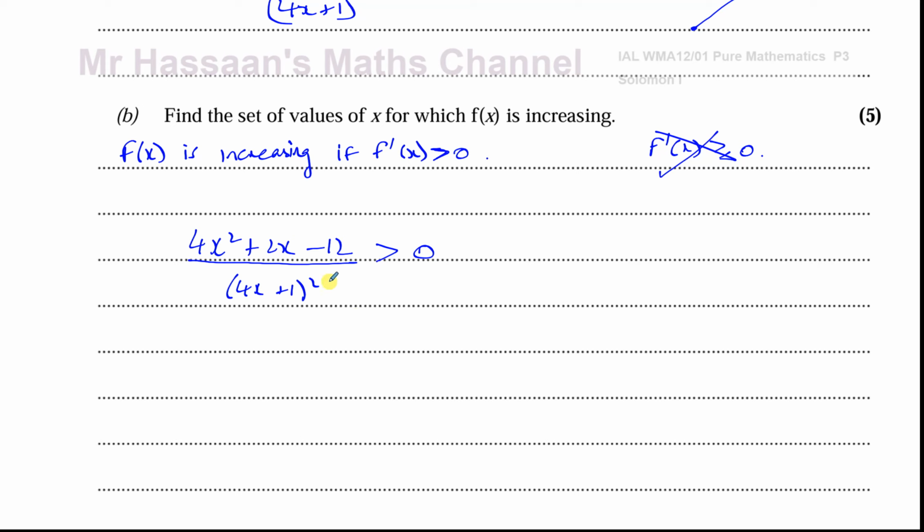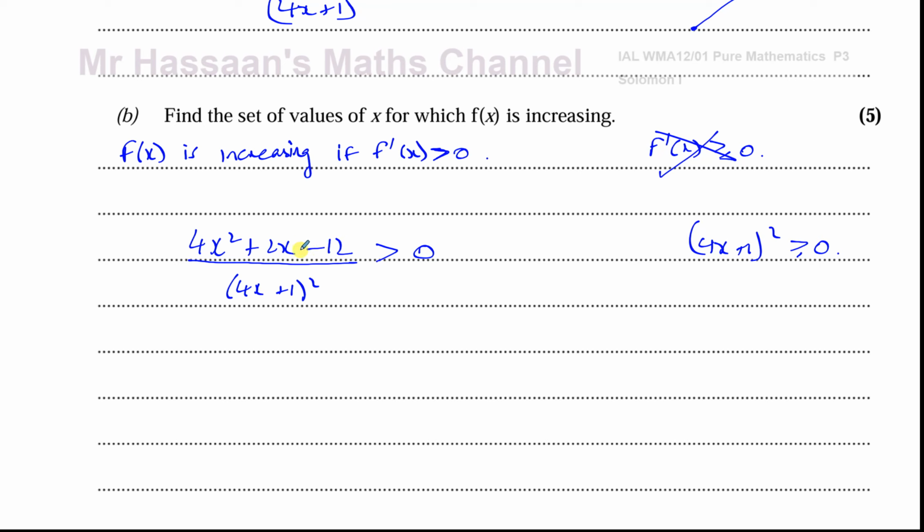However, (4x + 1)² will always be greater than or equal to 0, so there's no problem multiplying by it, because it will never be a negative number. Another way to think about it: if (4x² + 2x − 12) / (4x + 1)² is greater than 0, the denominator is always positive because you square it, so the numerator must also be positive.